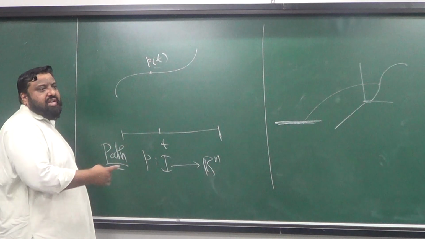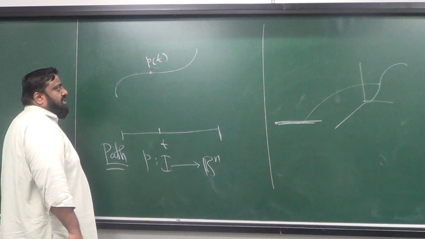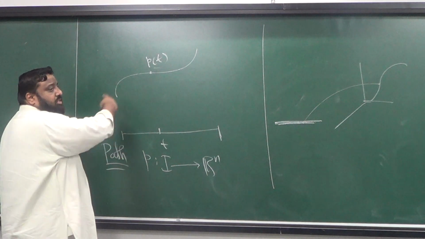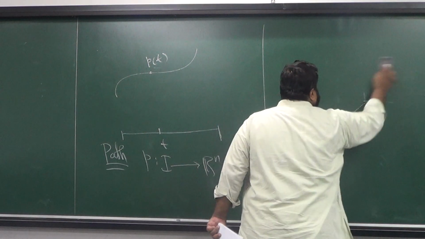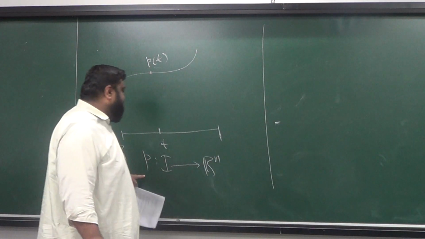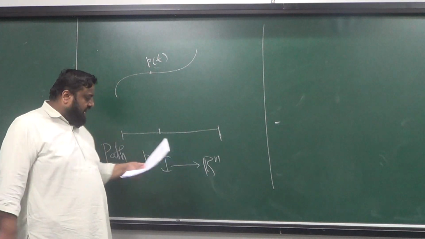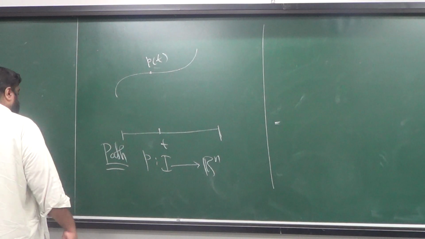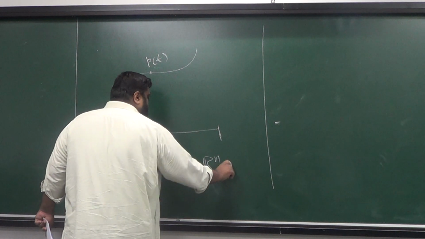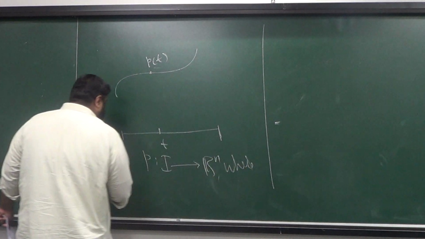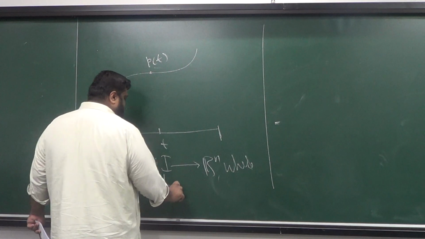And we may interpret this path as the path traced by a particle that is moving in space. But mathematically, what is a path? It's a map from an interval I into the space Rn, where P is a continuous map.